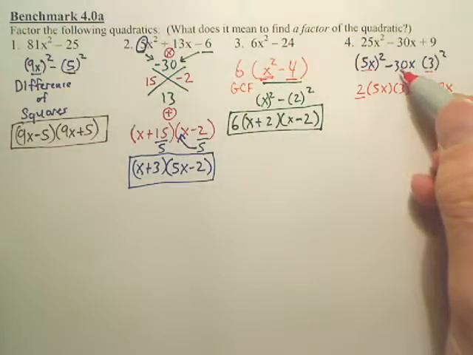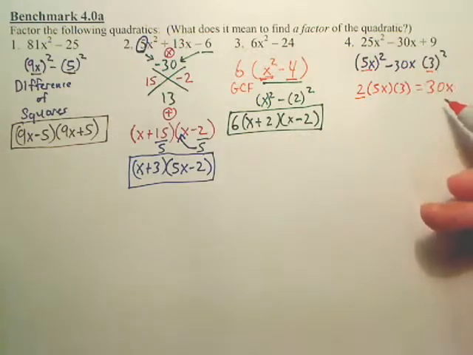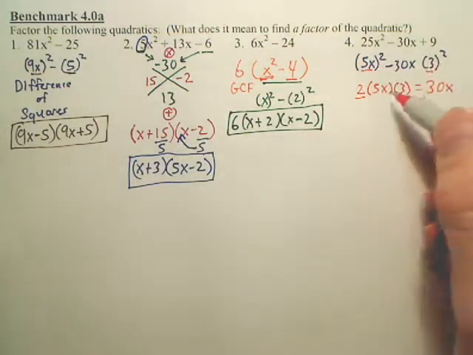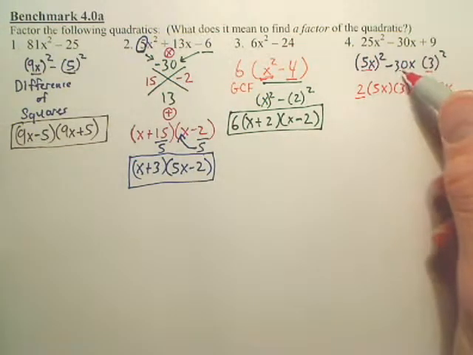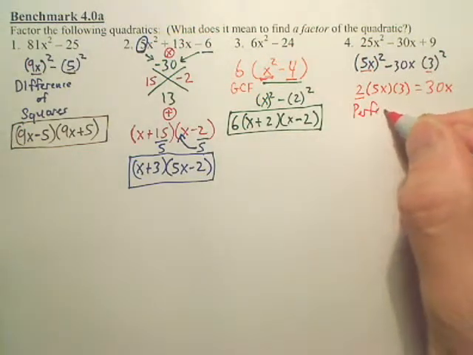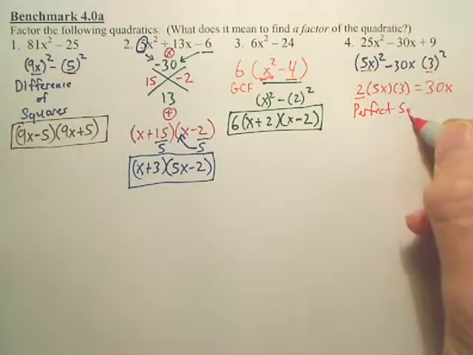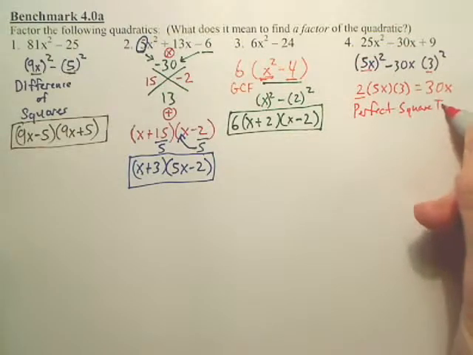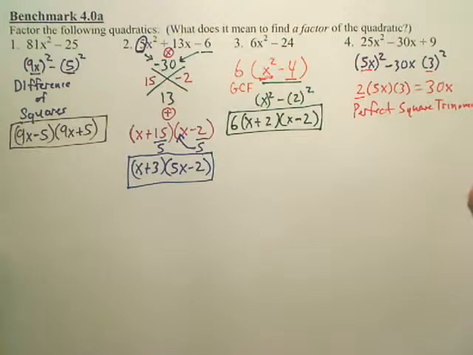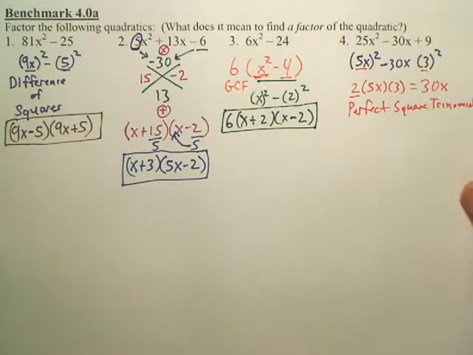Does that match the middle number? Yes, it's just negative, but don't worry about that for now. If when you multiply this times this and double it, if it matches the middle, it is called a perfect square trinomial. Okay? It's a perfect square trinomial.